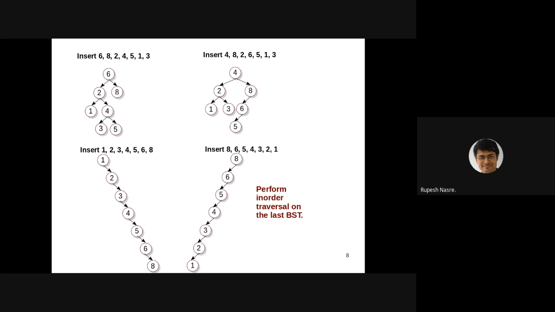Murari has taken the effort to remove 7 now. Good. Shania says same. Rishabh says same. Okay. Madhur also says same. Wow. All of you agree that irrespective of the order in which the insertions have happened, Suryanarayan also says that the in-order traversal is going to give us a sorted sequence.